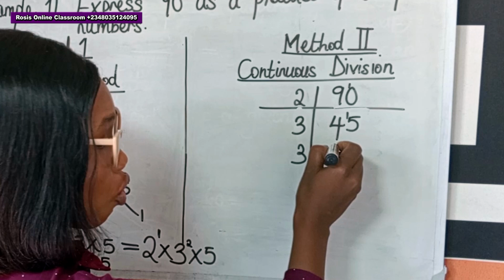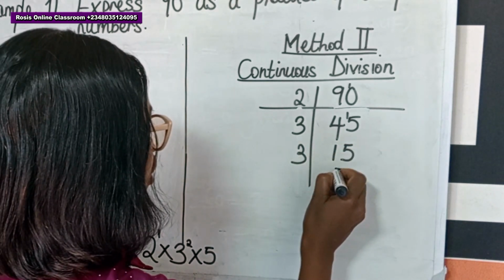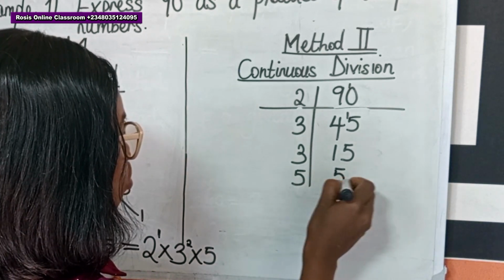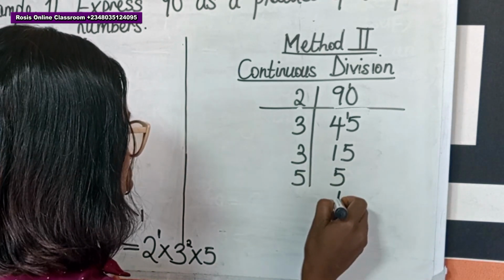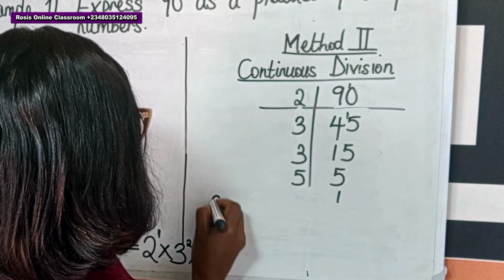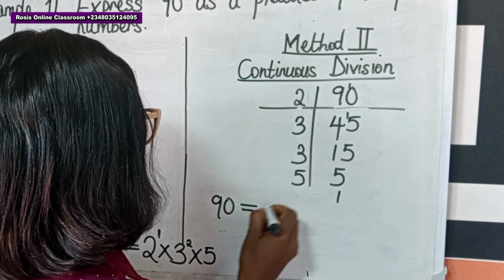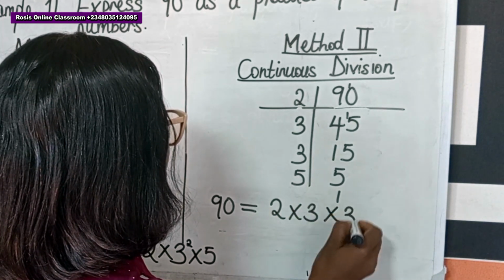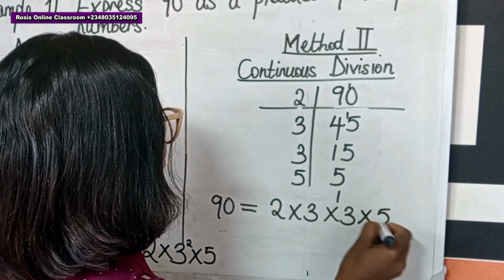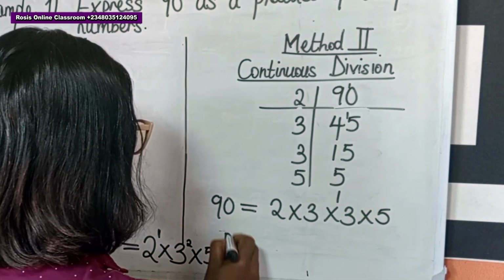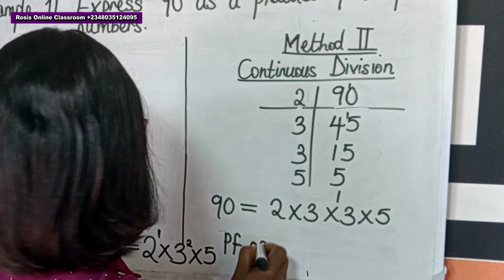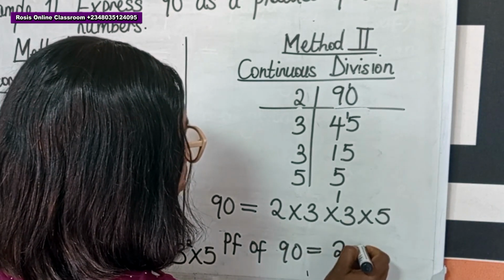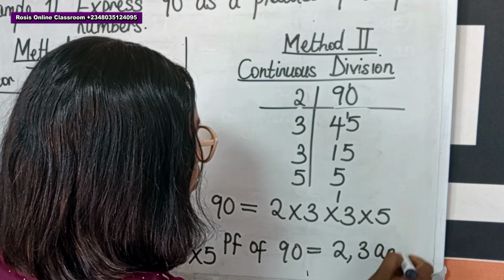We use the smallest odd number. 3 into 15 gives us 5. 5 is an odd number. We use 5 because it goes into itself. 5 into itself gives us 1. So 90 is equal to 2 times 3 times 3 times 5. Prime factors of 90 is equal to 2, 3, and 5.